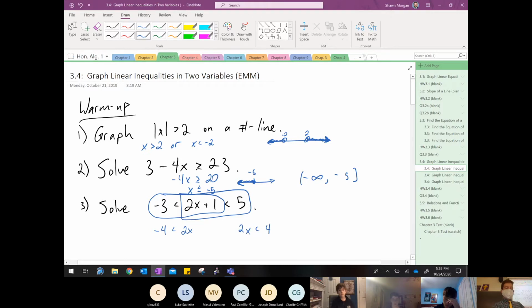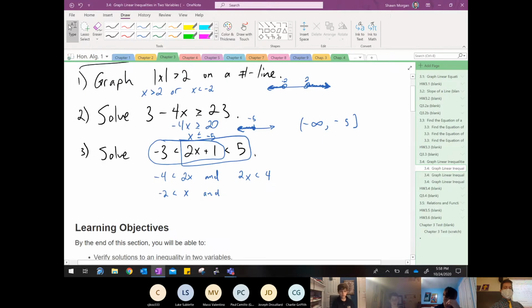Next. Divide by 2. Here, I'll drag that up so you guys can see it a little bit better. x is less than 2.